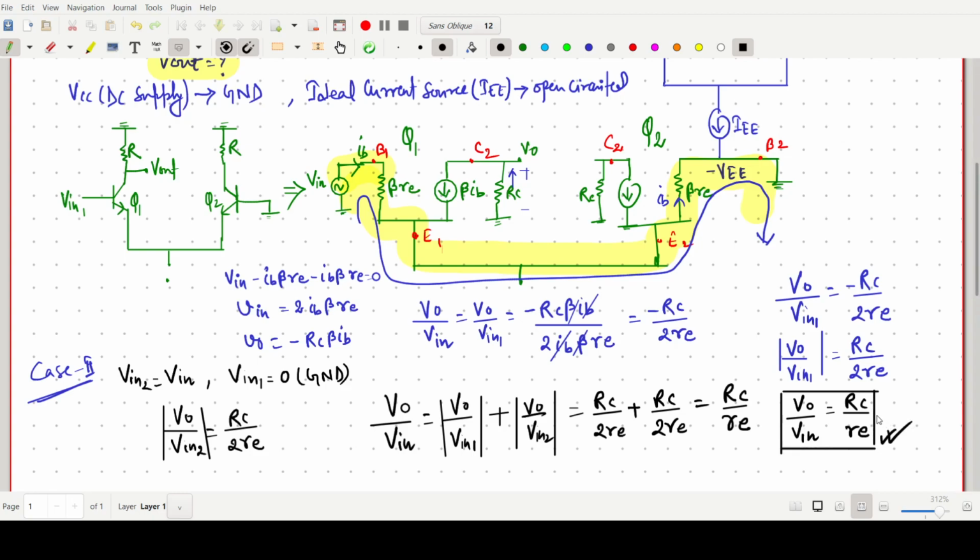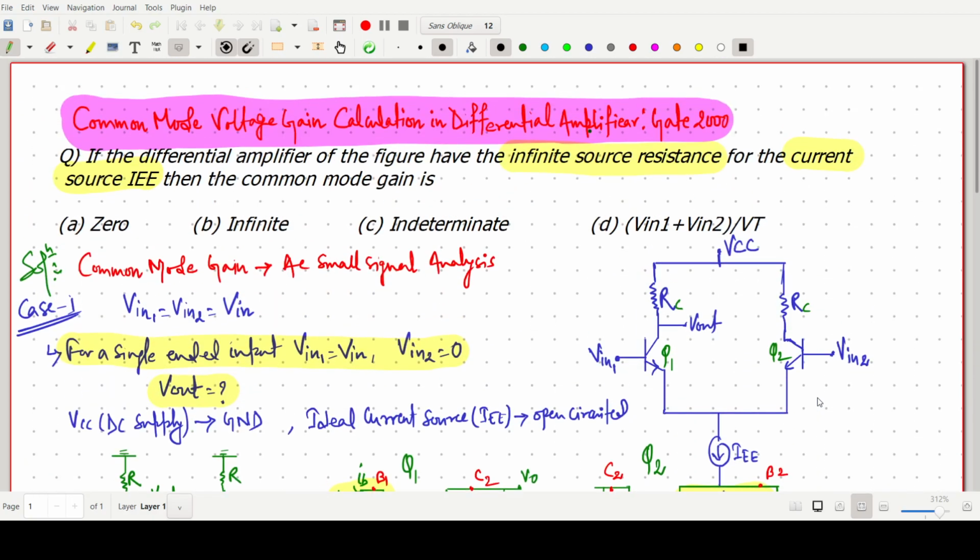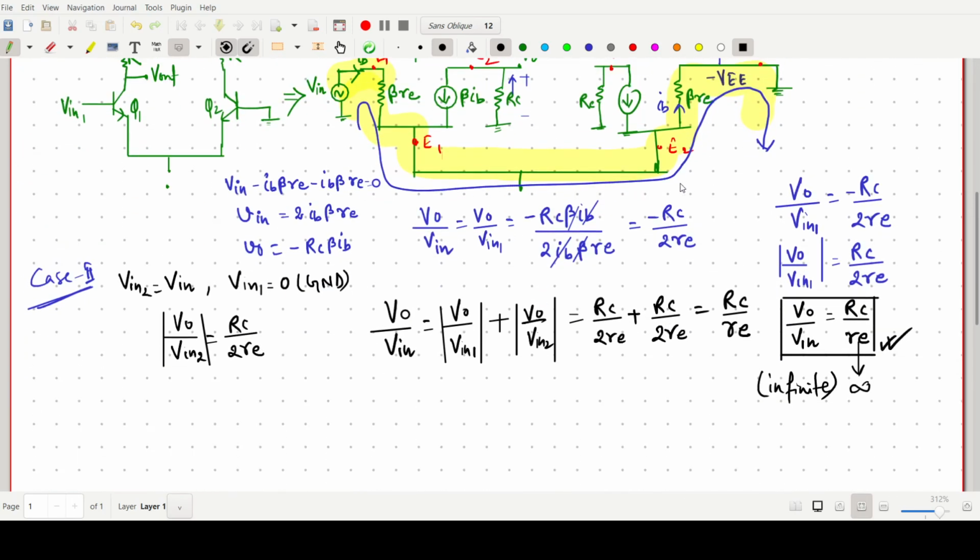In the question, it is clearly mentioned that the source resistance is infinite, so the resistance of the infinite current source is nothing but RE, due to this transistor, RE, RE.